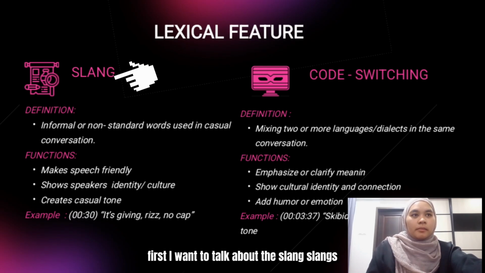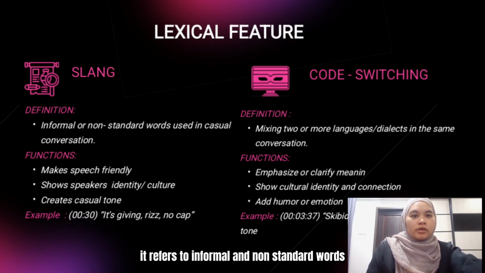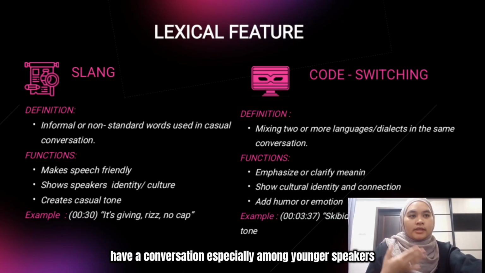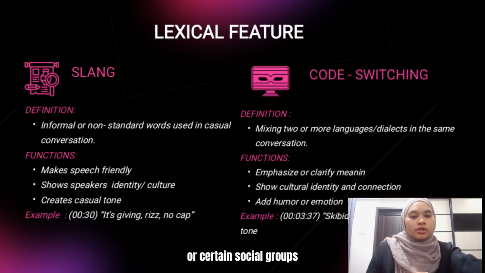Next, I want to talk about lexical features. First, I want to talk about slang. Slang refers to informal and non-standard words or expressions that are commonly used in everyday conversation, especially among younger speakers or certain social groups. The function of slang is to make speech more casual, friendly, and relatable to the audience.